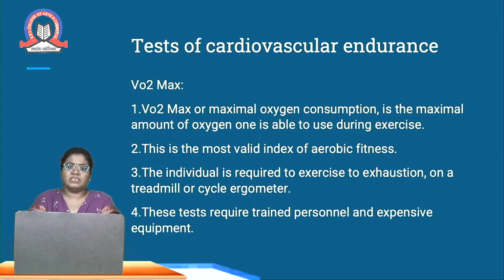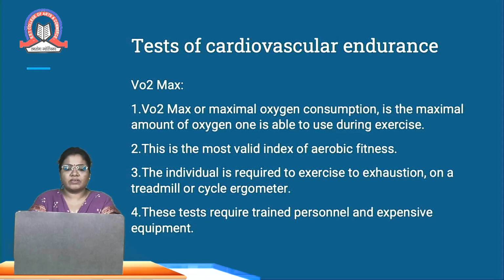The individual is required to exercise to exertion on a treadmill or cycle ergometer. Finding the value on the treadmill or cycle ergometer, we will get the test value of our cardiovascular endurance.